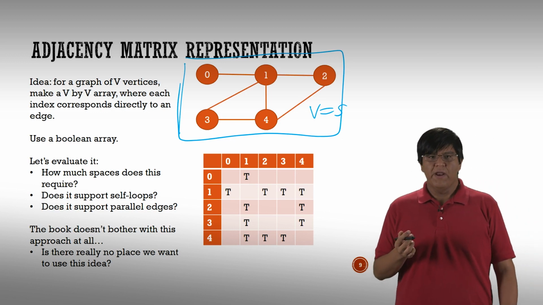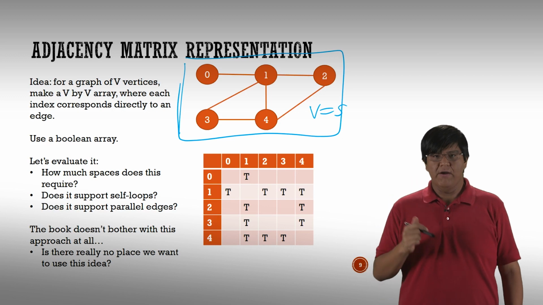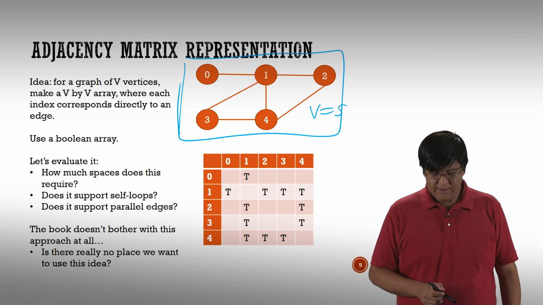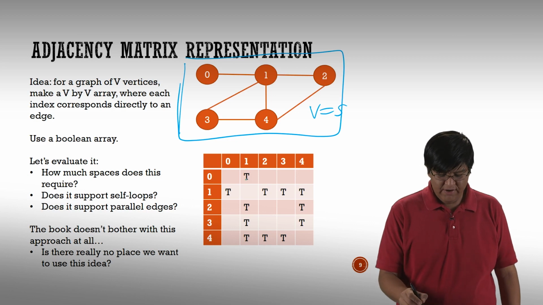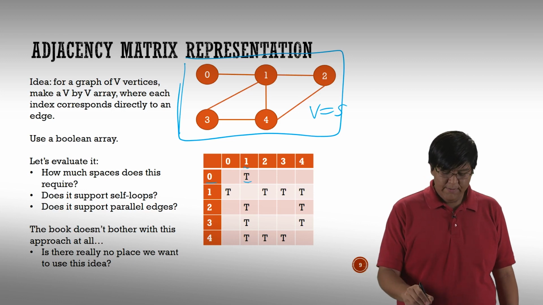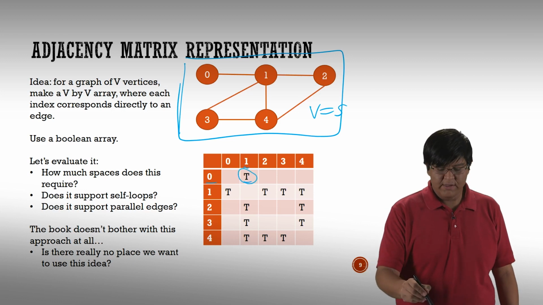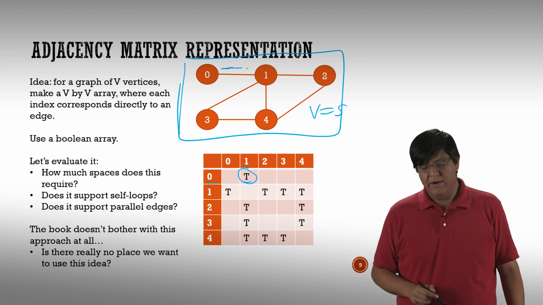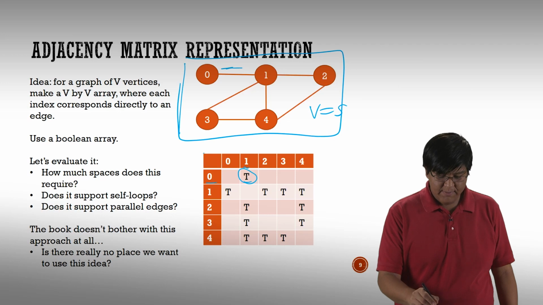So that picture up top is actually encoded in the bottom diagram. You can look at it here in the diagram: I look at 0 over here by 1 over here, and notice it says true because those things are connected. So this cell corresponds to this connection over here. Now, something a little bit odd is maybe the fact that this matrix is symmetric.